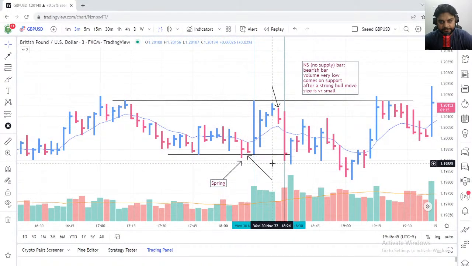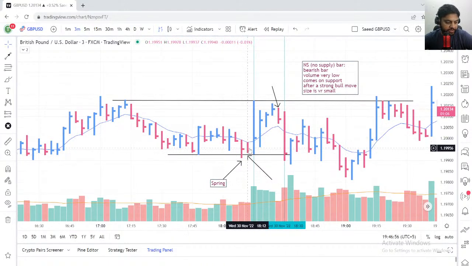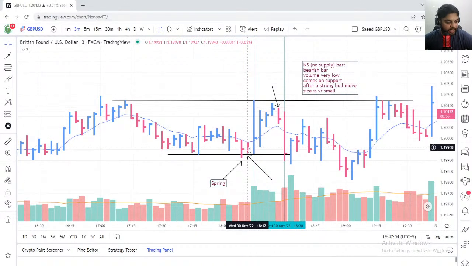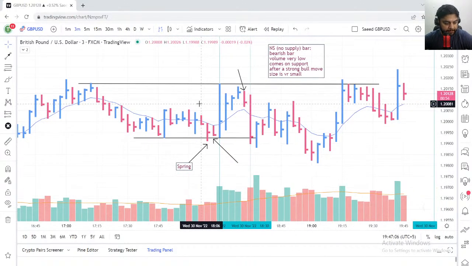The volume is very low for this bar, and it comes on support. There is this support level, and it appears on the support level, right? And it comes after a bull move, and the size of the bar is also very small. So this is a no supply bar. You can also buy after the spring if you want to buy at the no supply test bar. That's also fine.